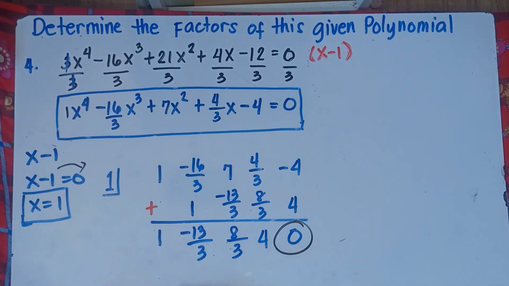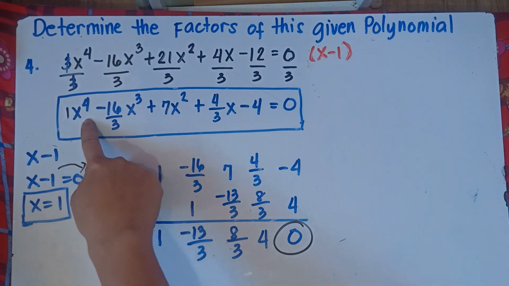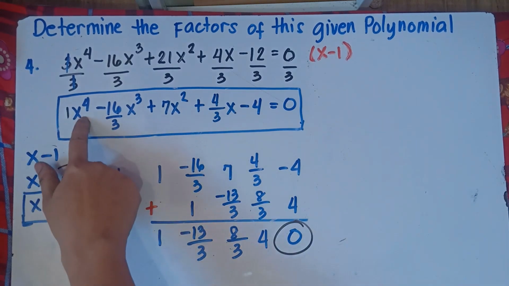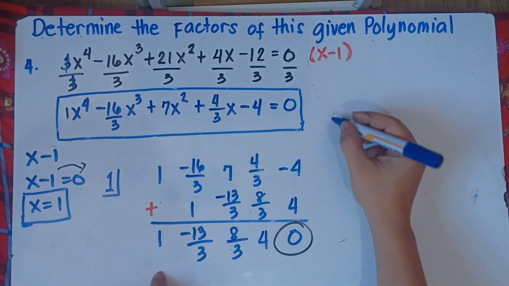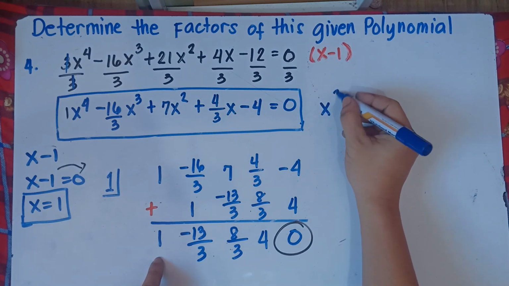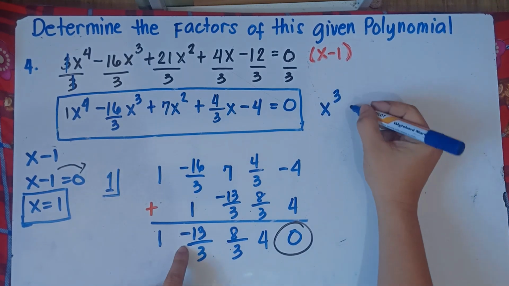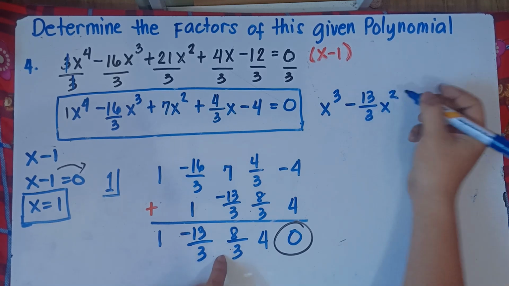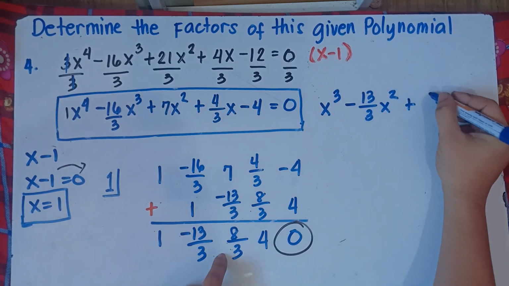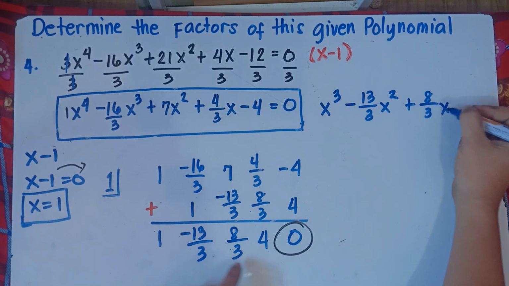So our new equation is, this is x raised to the power of 4 divided by x minus 1. So x raised to the power of 4 divided by x, our answer will be x cubed. So this will be x cubed. Then negative 13 over 3 x squared. Then plus 8 over 3 x.